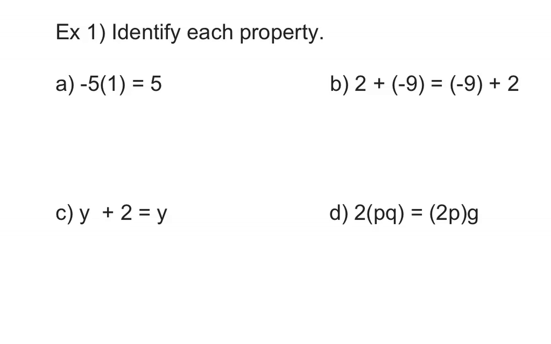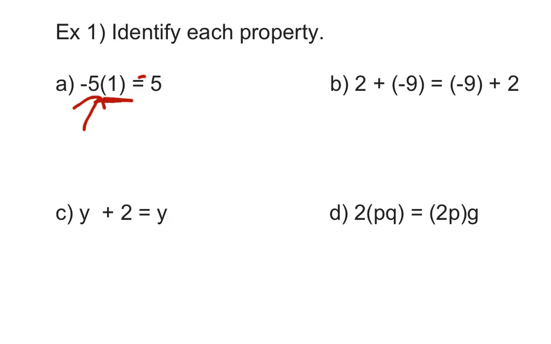Okay, we're back, everybody. Hopefully you have 4 answers written down in your notes. I'm going to go through these and identify which properties they are. Hopefully yours matches up with mine. Part A: I see there's a multiplication because we're multiplying by a 1. Actually, I'm going to change this here. There should be a negative 5.